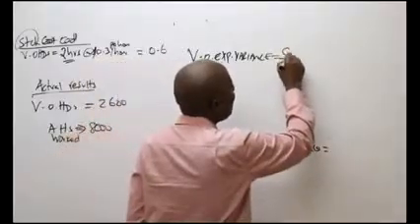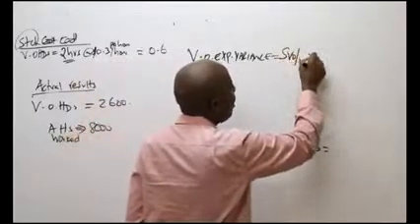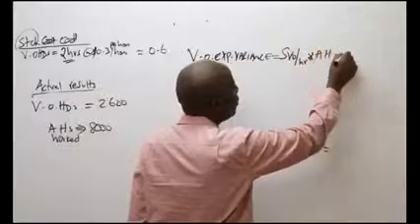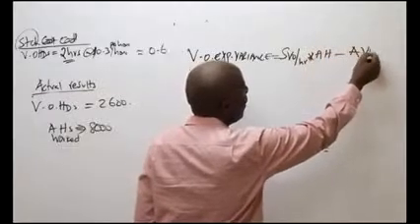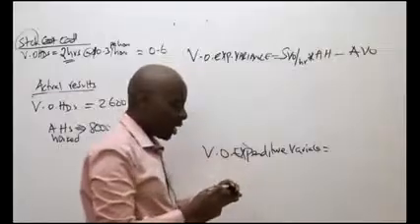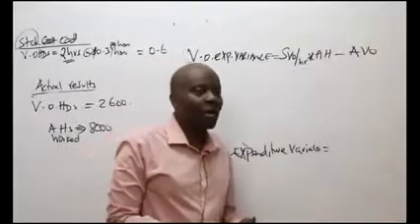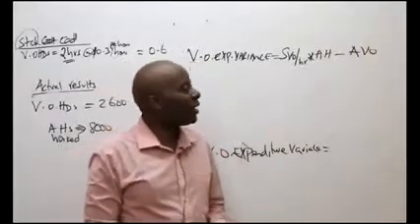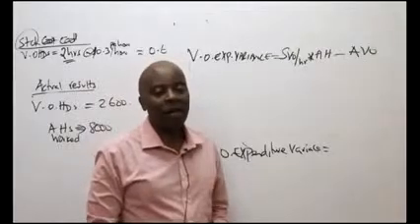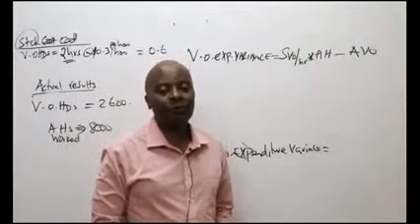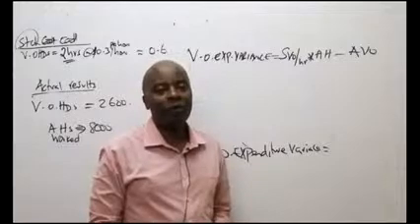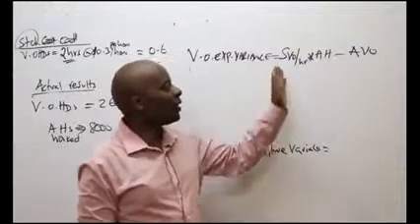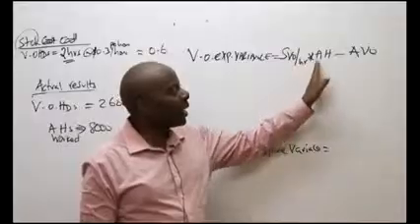We normally take standard variable overheads per hour multiplied by actual hours, minus avocado, minus avo. So this is standard variable overheads multiplied by actual hours.